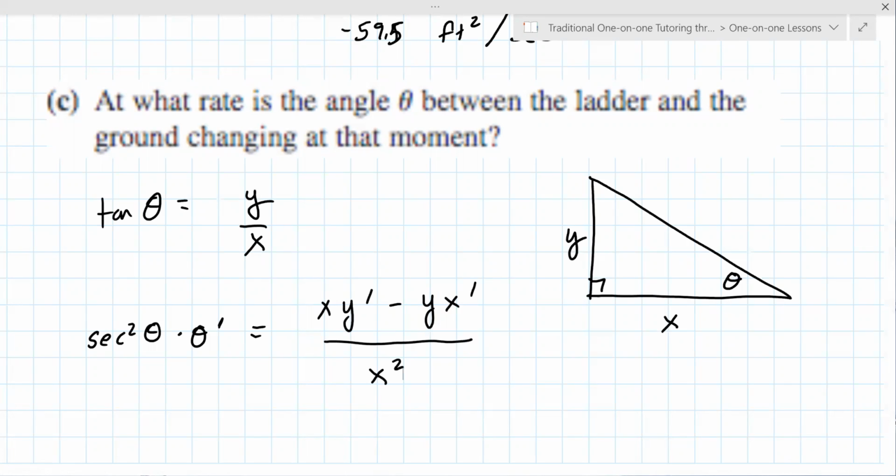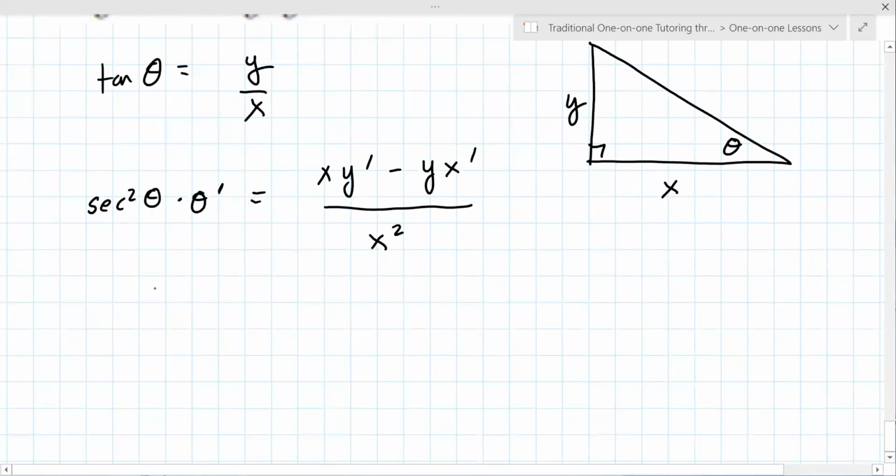Now we're trying to find theta prime, which means you need to deal with secant. Secant squared is really 1 over cosine squared theta, so it's like multiplying both sides by cosine squared.